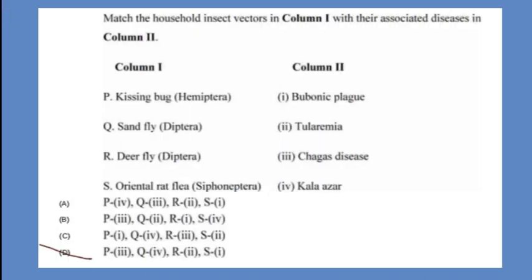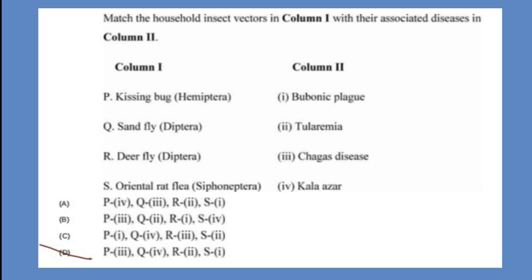Moving to the next question: match the household insect vectors in column first with their associated disease in column second. Some household insects are given in column first and their diseases are given in column second. You have to match them. The first, the kissing bug, Hemiptera. The kissing bugs are also called triatomine bugs.